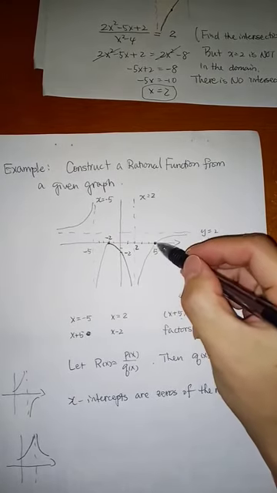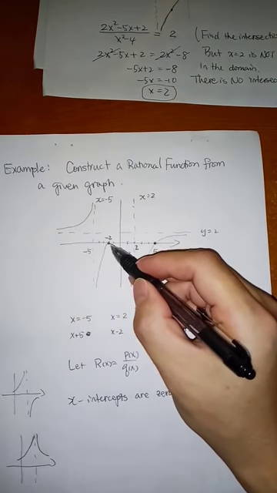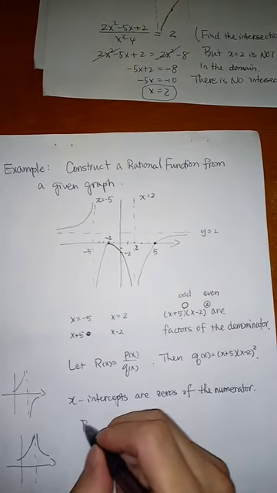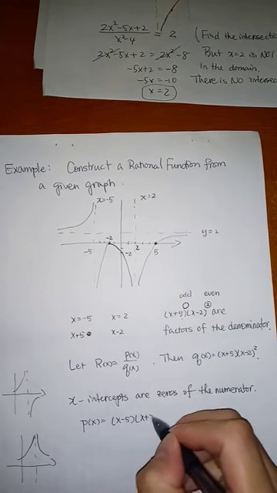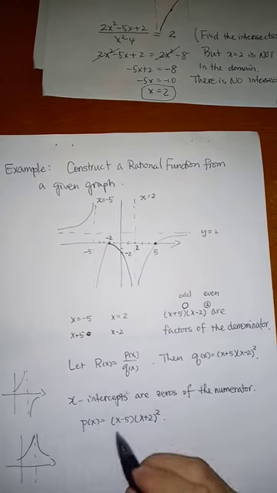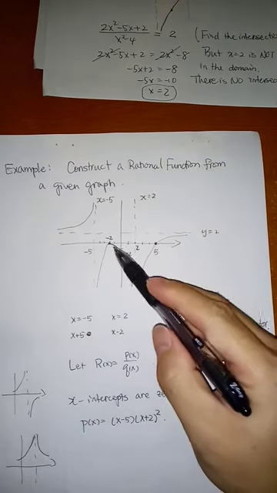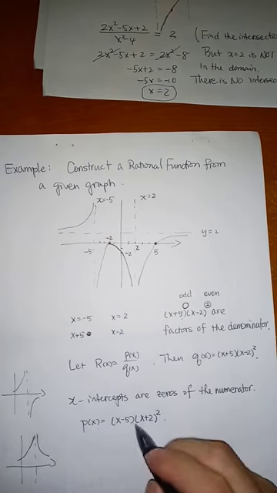So this one, the graph crosses the x-axis, the multiplicity is odd. This one, the graph touches the x-axis, the multiplicity is even. So we will put x minus 5, that corresponds to this zero. X plus 2, it corresponds to the zero -2. It's an even power. This is an odd power.